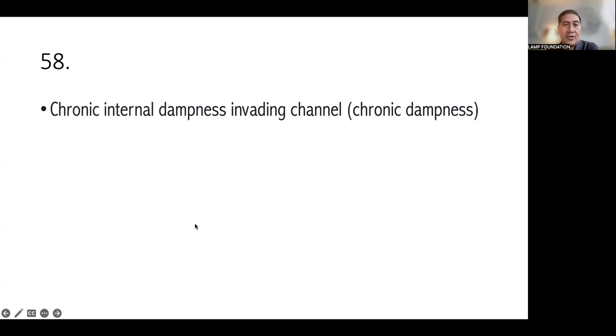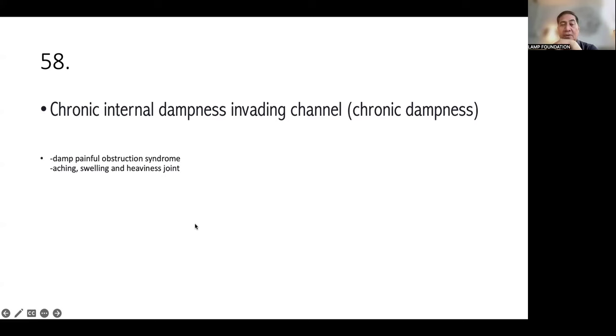Next. Chronic internal dampness invading the channel, which is a chronic dampness. What do you call this syndrome? Painful obstruction syndrome. So damp painful obstruction syndrome, with aching, then swelling, and heaviness of the joints.